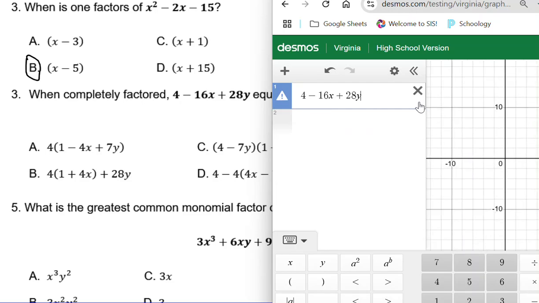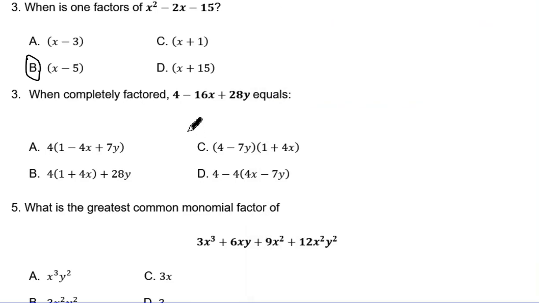Okay, so then that means I have to go back to, what is it that I can look for? Well, I can, at this point, look for a GCF, greatest common factor. This one doesn't have an x or a y. This one only has the x, and this one has a y.